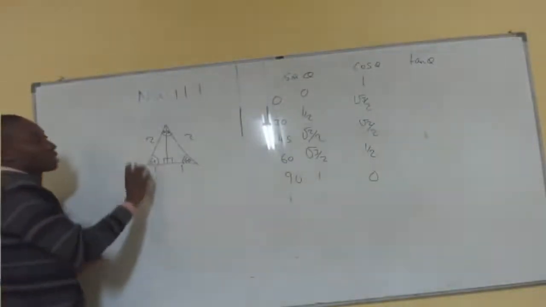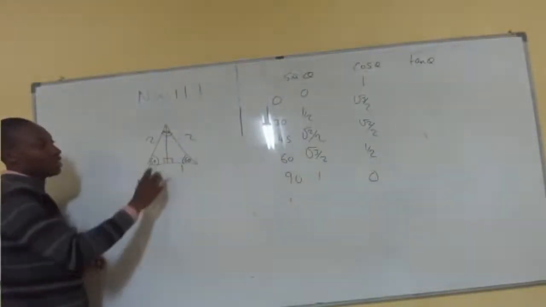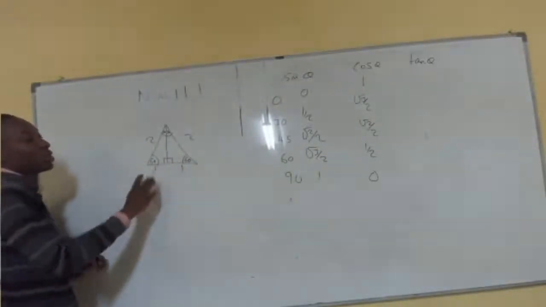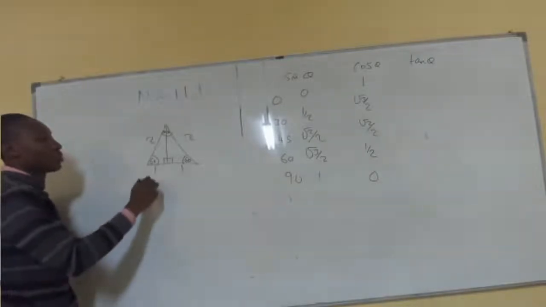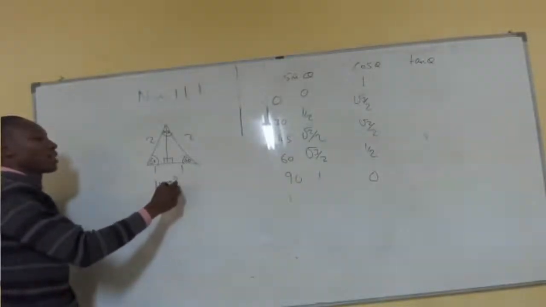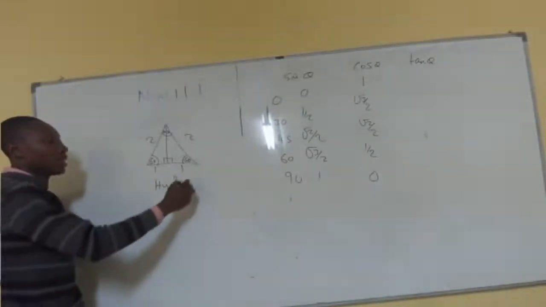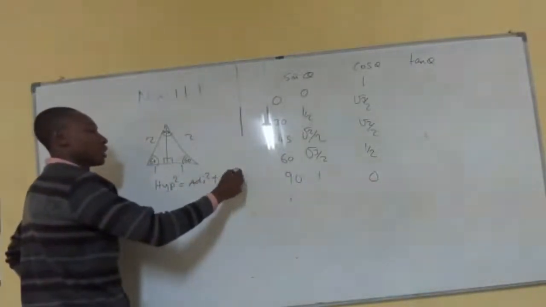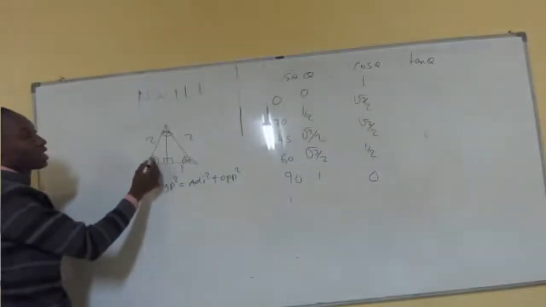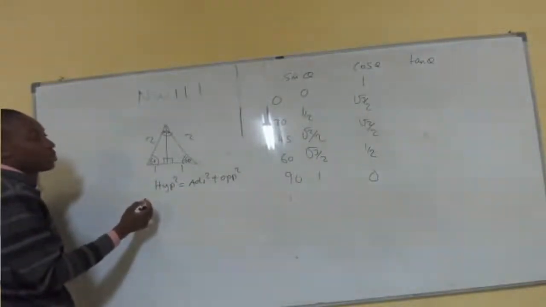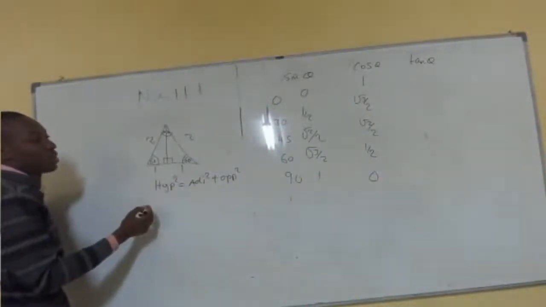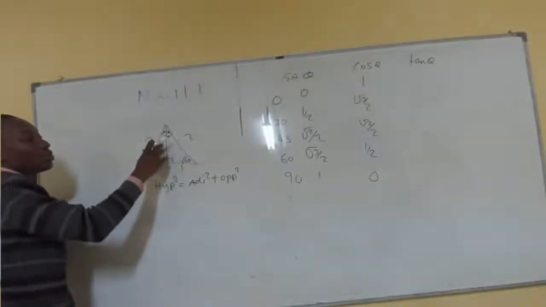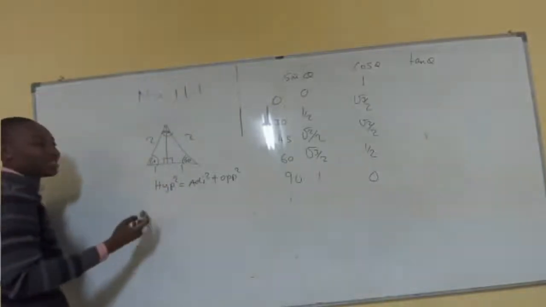By the Pythagorean theorem, we can find this side because we know the adjacent and the hypotenuse. Hypotenuse squared equals adjacent squared plus opposite squared. Assuming the side I'm talking about is the one with the 60, we want to know what this opposite side is. If you regard this as the 30 degrees, you're still going to consider this side as the adjacent side.